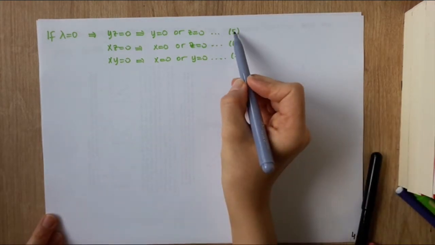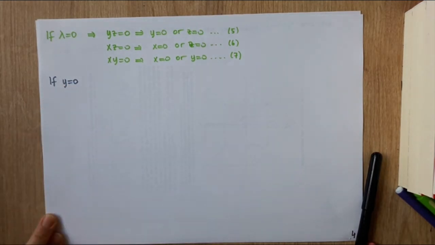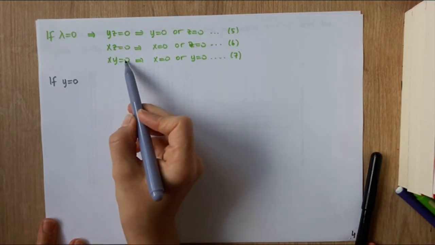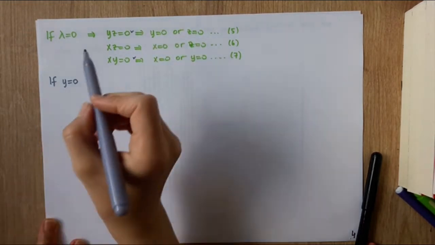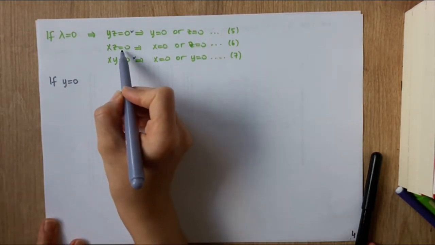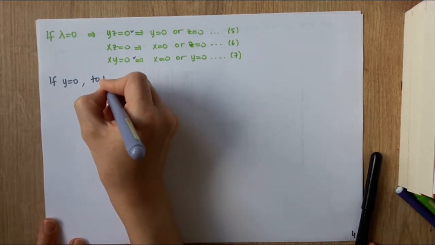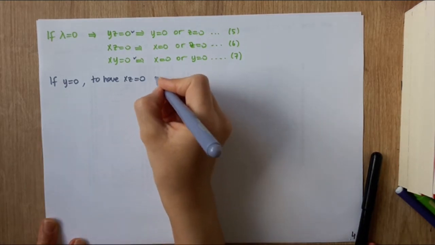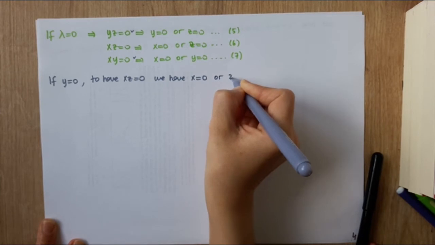In the fifth case, if y equals 0, then this equation is directly 0, and here xy equals 0 directly, and this is directly satisfied. But to have xz equals 0, we have x is 0 or z is 0.